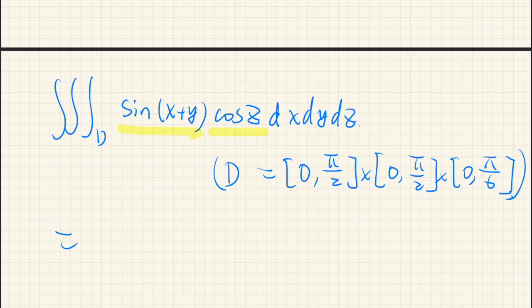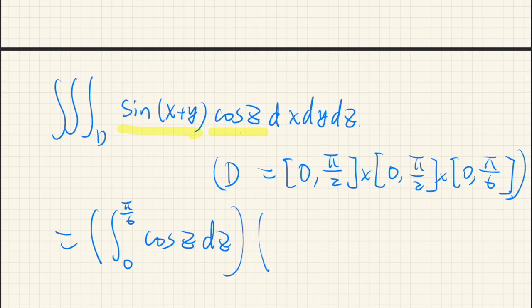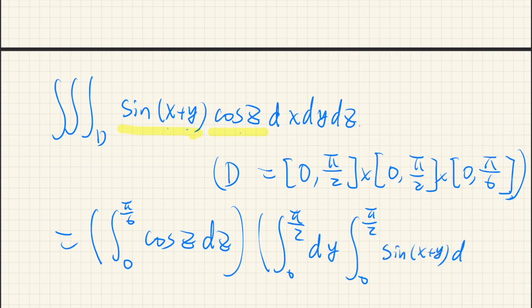So if we separate this z part, it will be the integral from 0 to pi over 6 of cosine z dz times the rest. For x and y, we use the iterated integral from 0 to pi over 2 dy, and from 0 to pi over 2 of sine of x plus y dx.